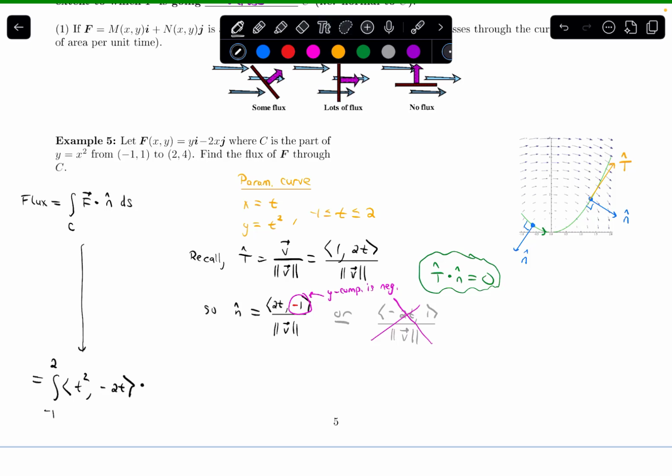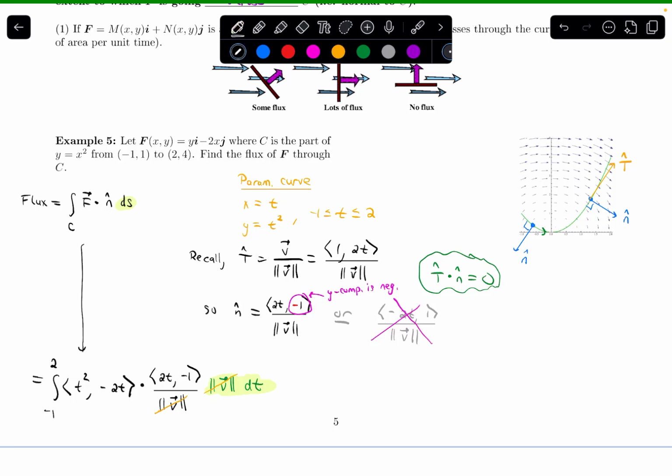Dot that with the unit normal vector, which is 2t comma negative 1, divided by the length of the velocity. And remember that ds becomes the length of the velocity dt, right? I'll highlight that. ds becomes the length of the velocity dt. And this is really nice because the length of the velocity on the top and the bottom cancel.